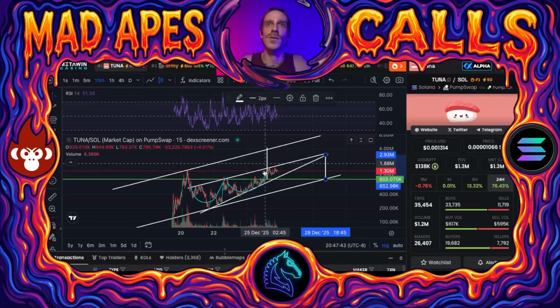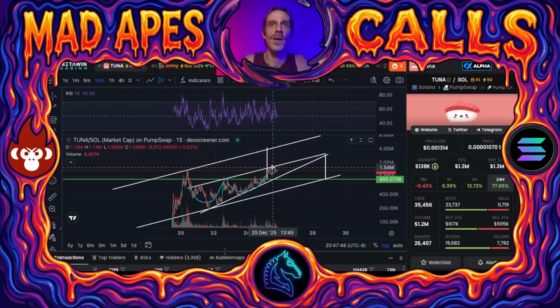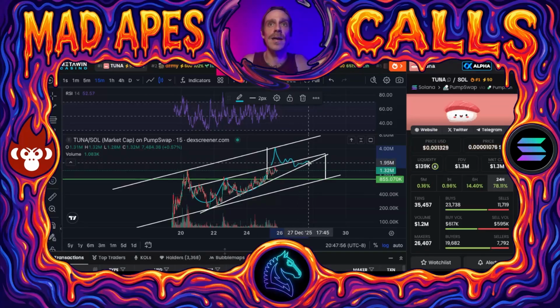Like it could possibly do the full-on cup and handle breakout to here, and then it'd come back down, retest this, and then possibly fail, and then come back into here, and then be back in this structure here, and then boom, and then do the drop.